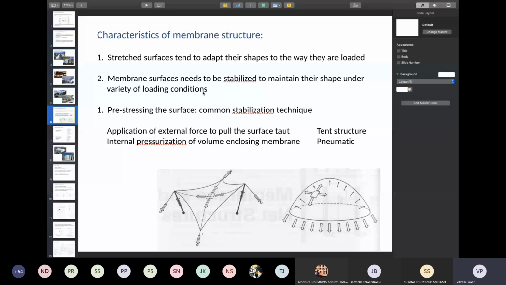So it's not enough to think about it only gravitationally. You have to think about what will happen to the tensile structure when it moves, or if the wind comes and blows it upwards. This is the unique thing about this.